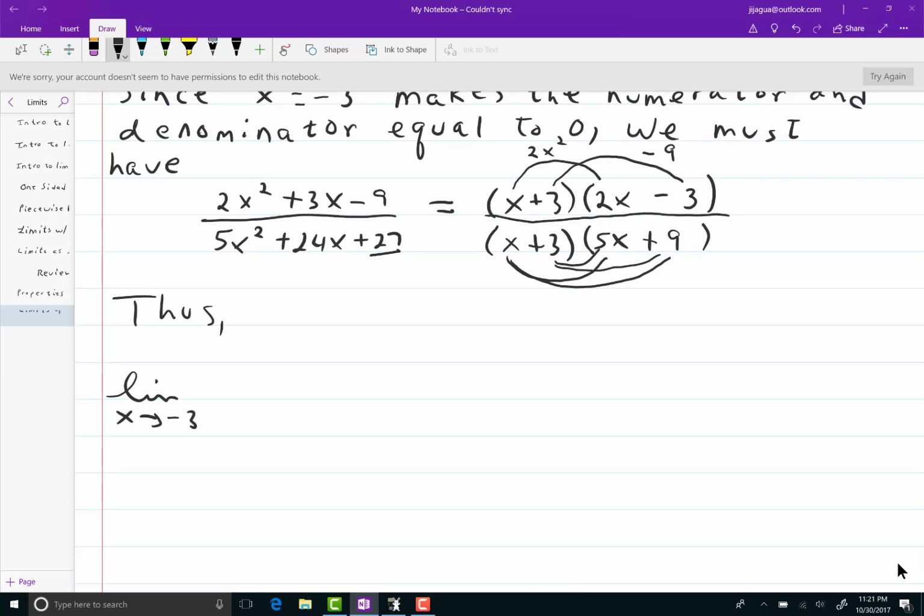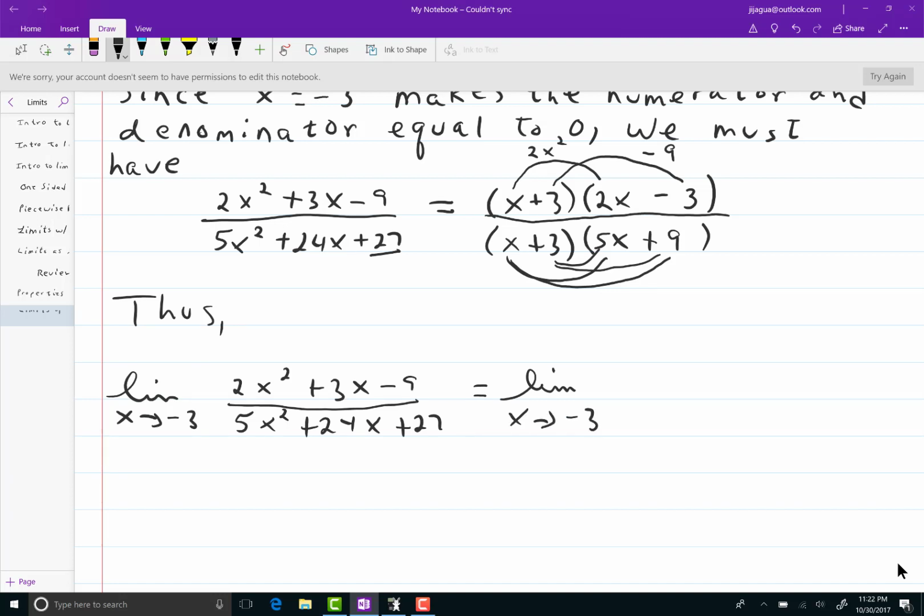Because remember, it doesn't matter what happens at -3, just as we get to -3. So I can rewrite this limit as the limit as x goes to -3 of 2x minus 3 over 5x plus 9.